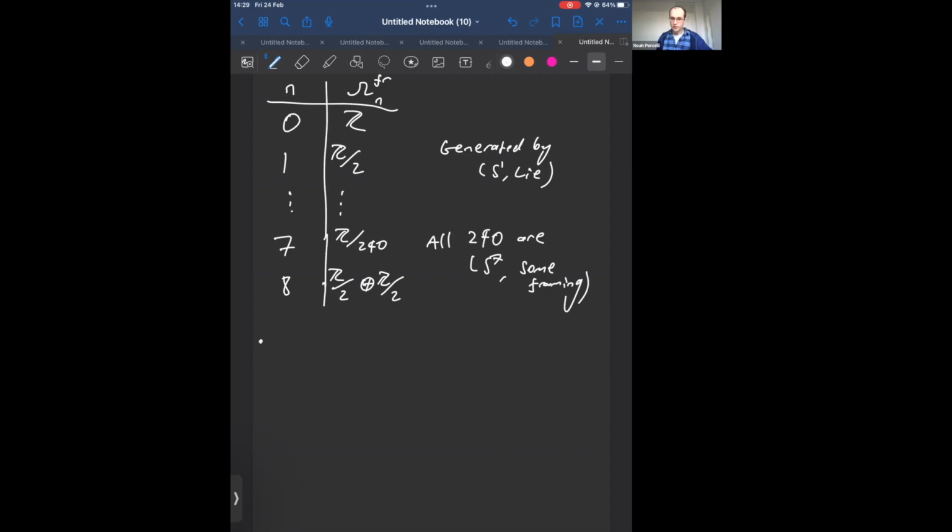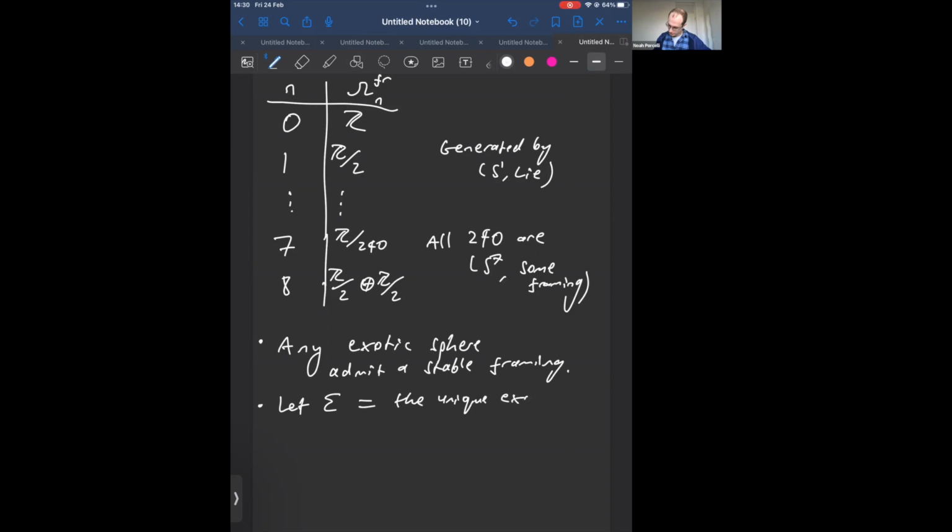Now, what's different about S^8, or dimension 8, is firstly, any exotic sphere, these are fake spheres which are homotopy equivalent to S^n but not diffeomorphic to it, does admit a stable framing. Again, this might not be unique, but that's fine. And now let's let sigma be the unique exotic S^8.